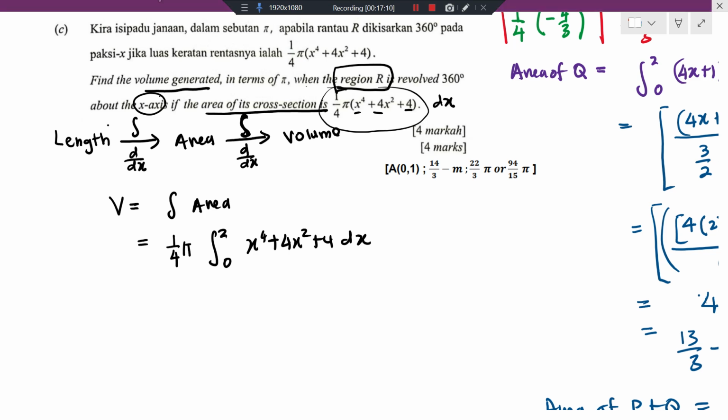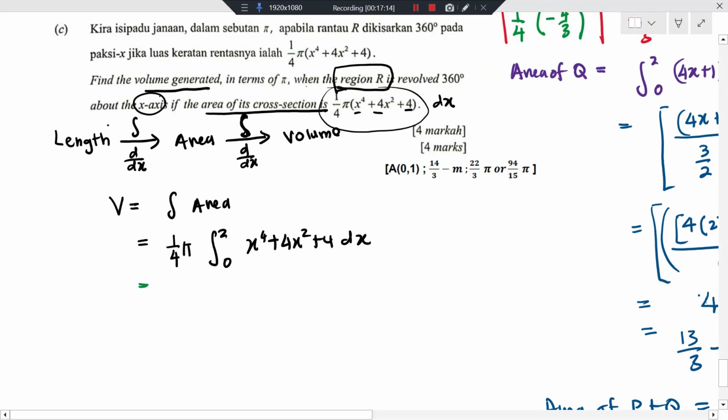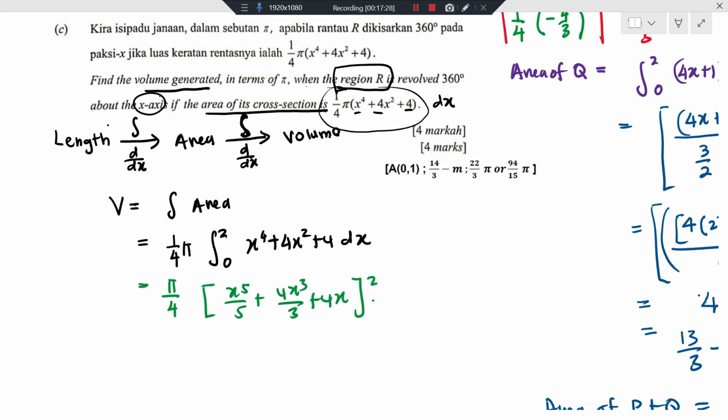Just simply like that. So this question is, after all, very easy if you understand the concept. This concept is a new concept. Okay, so you have a pi over 4 here. Let's do this: x^5 over 5 plus 4x cubed over 3 plus 4x. You need to substitute 2 and 0. Show the substitution.